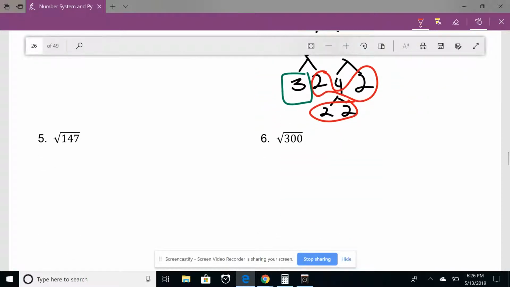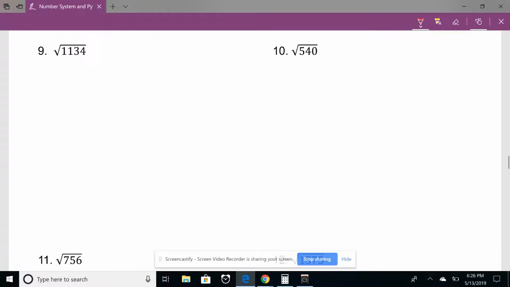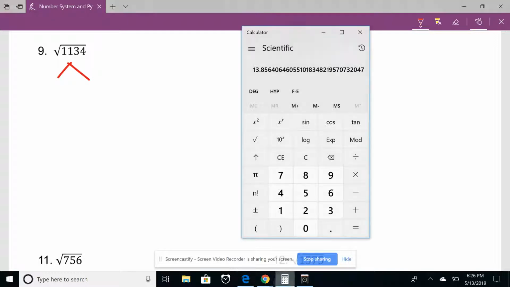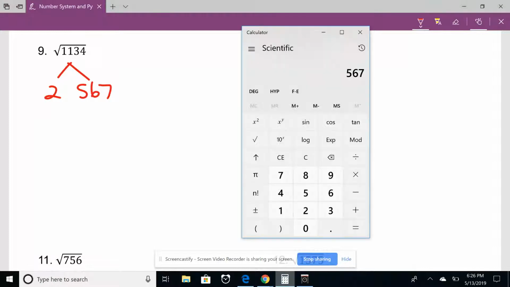All right. Let's do one more. Let's do, oh yeah, right here, number 9, 1134. I know that's even, so it's divisible by 2. Oof. 567? Ugh. I know it's not even, so it's not divisible by 2.